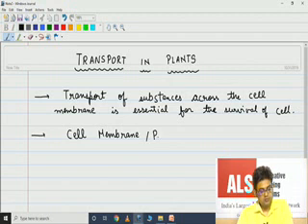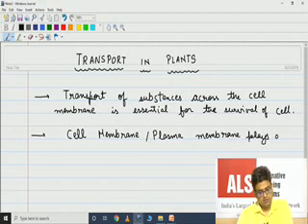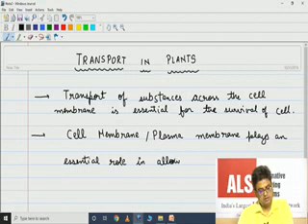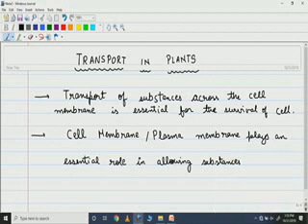The plasma membrane plays an essential role in allowing substances across it. So we will have to study the nature of this membrane also.